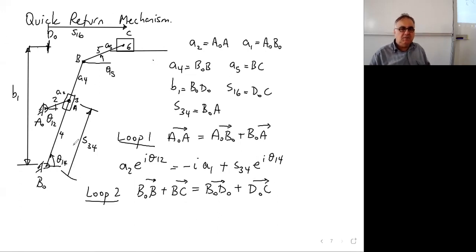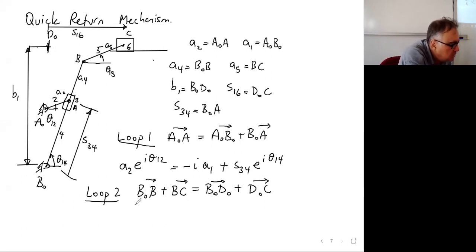Okay, that's the bigger loop, the larger loop outside. Or you could use this loop if you like: A0A plus AB plus BC is equal to A0D0 plus B0C. That's another possibility. But these two equations will be dependent on each other.